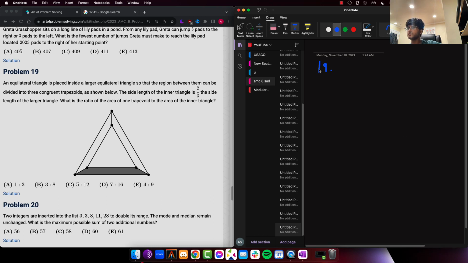Okay, we saw that the thing cancels out, so in reality I'm just using A. So we have A minus 2/3 squared A, so 4/9 A. Alright, that's the difference, and then you divide by 3 for each trapezoid, and then you divide this by the area of the inner triangle, which is 4/9.